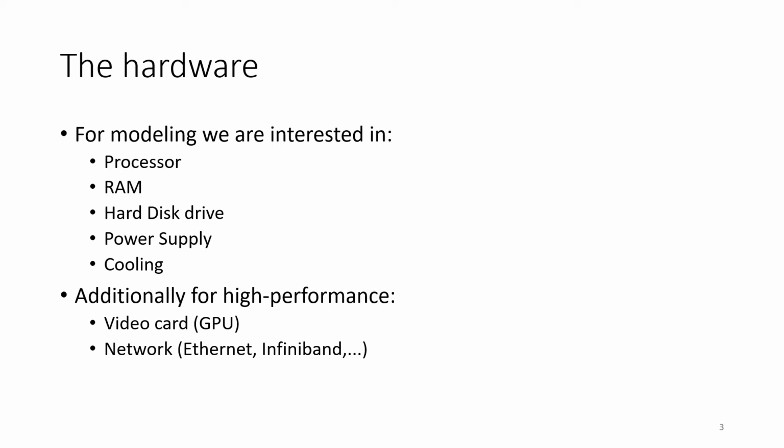Of course, power supply and cooling are also relevant. We're talking about high performance, so you might want to consider a GPU, a video card, not just for visualization but also for computation. And if you're talking about clusters, networks like Ethernet or InfiniBand are other factors, which I will not focus on in this lecture.